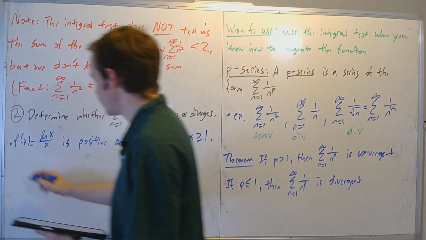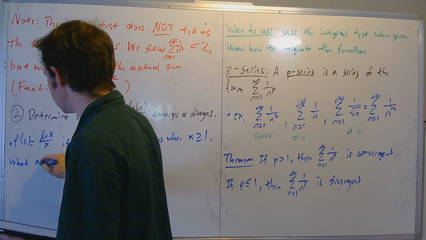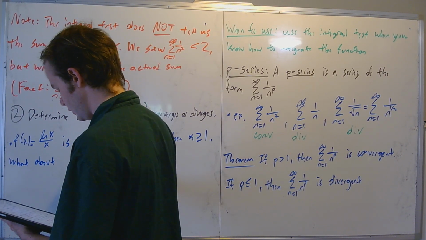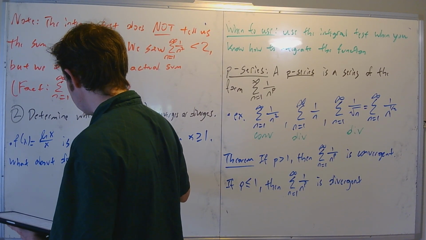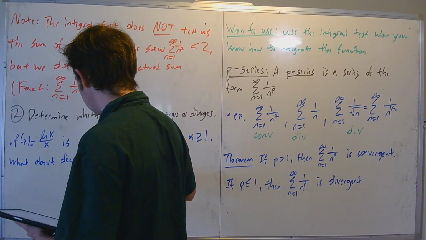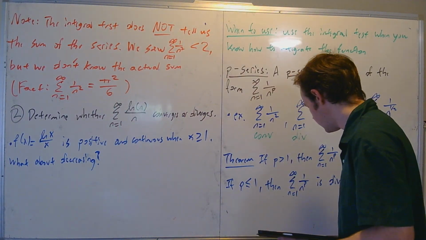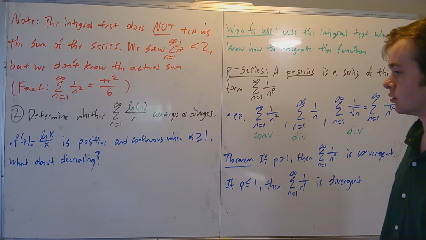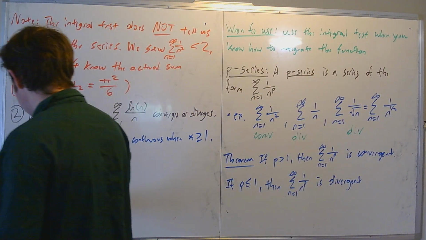And then our final question there is, what about decreasing? We need to figure out whether our function is decreasing. The way we check this is by taking the derivative and seeing whether it's positive or negative. So we need to take our derivative.